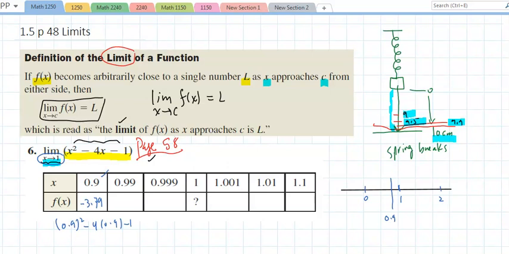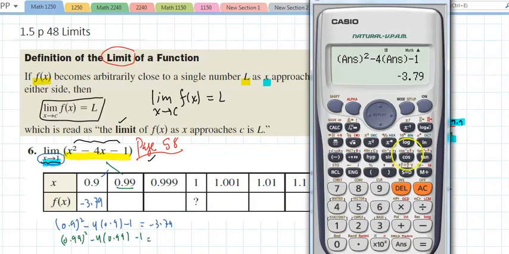The advantage of using the calculator that way, when I get to 0.99 and I want to plug that in, instead of saying 0.99 squared minus 4 times 0.99 minus 1, well, this turns out to be negative 3.79, and all I have to do is store 0.99 in my answer.